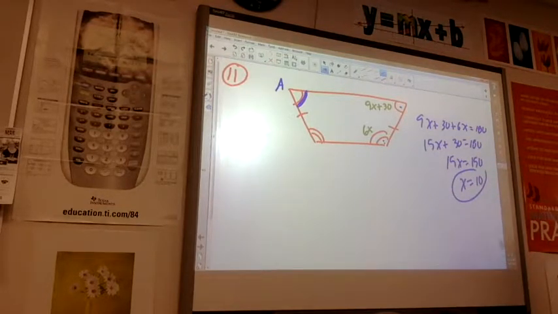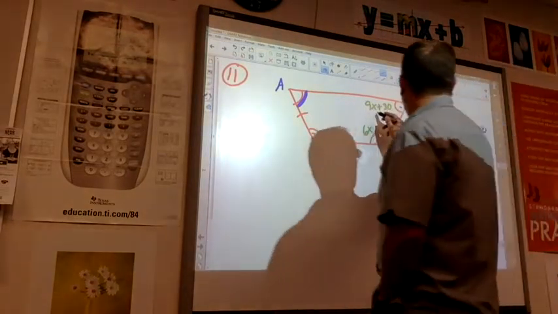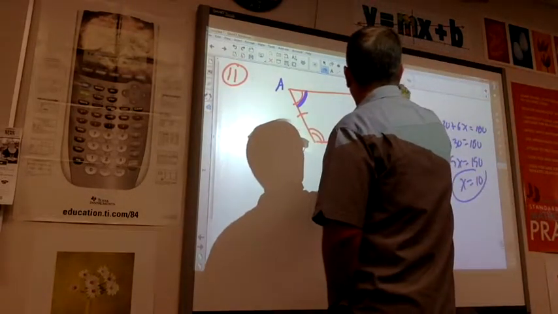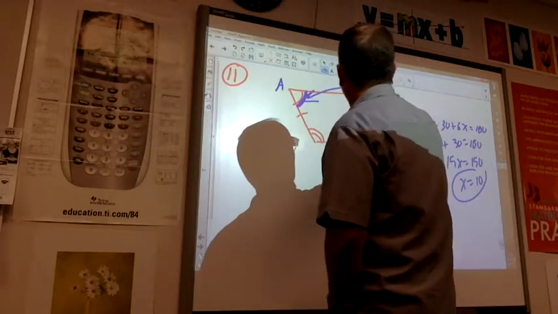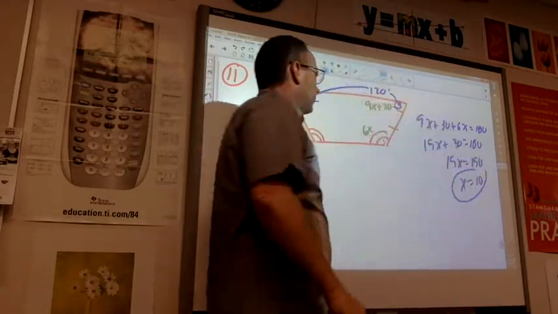Okay, so if x is equal to 10, that's going to be 90, that's a 120 here, so that means that has to be 120 as well. Cool. Done.